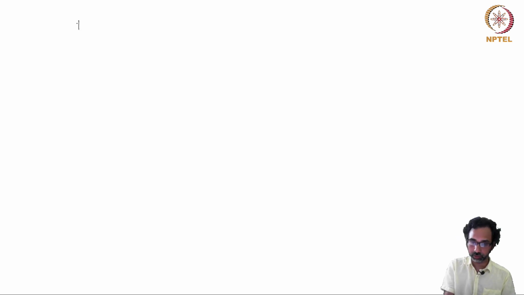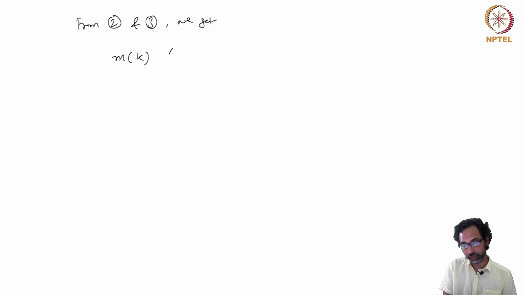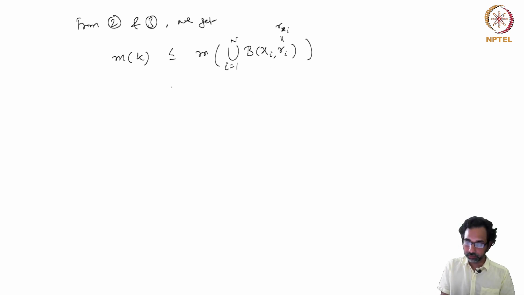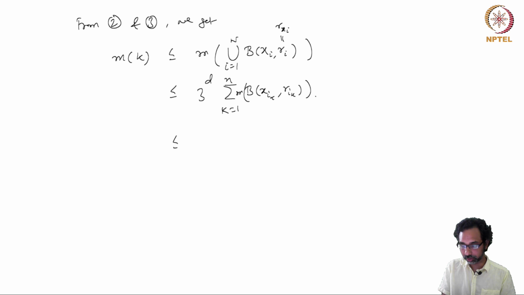So from 2 and 3 we get that the measure of K, which was bounded above by the measure of the finite union of balls i equal to 1 to n of B(x_i, r_i), was bounded above by the Vitali covering lemma by the sum over the subcollection of the measure of B(x_{i_k}, r_{i_k}).